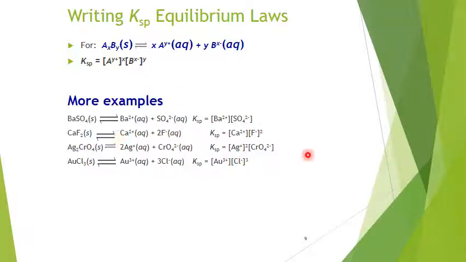Calcium fluoride breaks into 2 F minus, so we put the 2 as an exponent. And then down over here, this is the silver chromate. You get 2 silver ions and 1 chromate, so you put 2 above the silver, and then the silver chloride, you get this expression. So similar to equilibrium expressions.